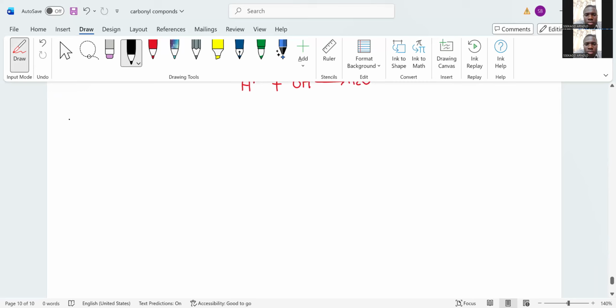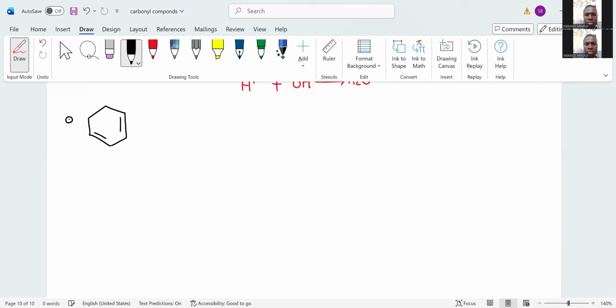So another example, I take which one? Previously, I've been doing the benzaldehyde. Which other interesting example? Another interesting example, which I can think about, phenylethanol.